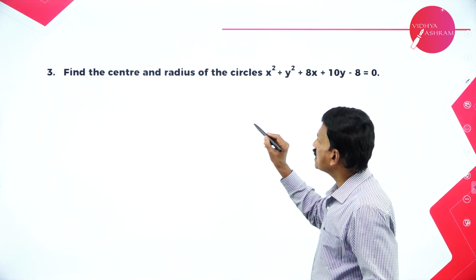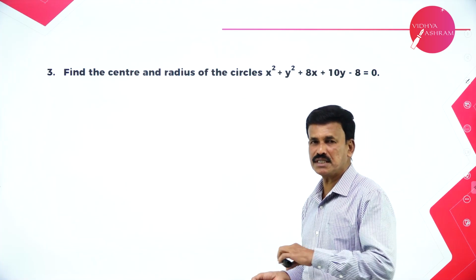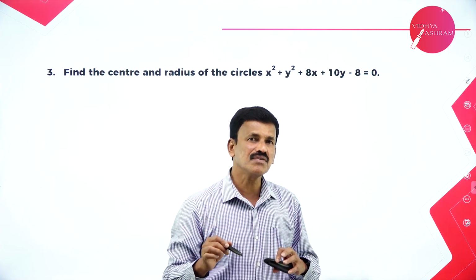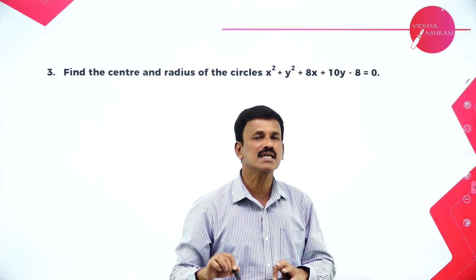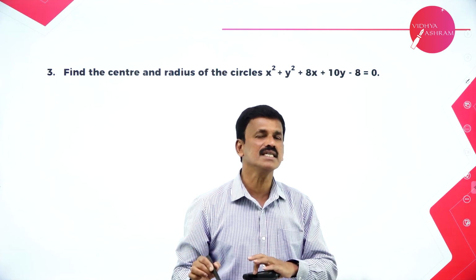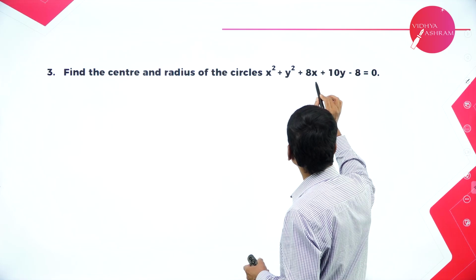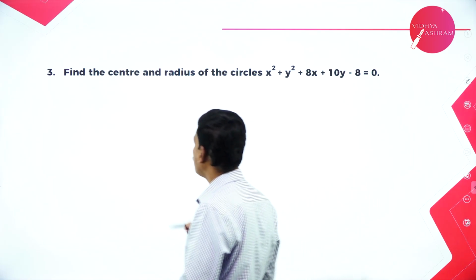Find the center and radius of the circle. This is like the previous problem, but in the previous problem, the center and radius were given, and what was required was the equation of a circle. But here, the equation of a circle is given, and what is required is the center and radius. Now, just observe carefully. x square plus y square plus 8x plus 10y minus 8 is equal to 0 is in the standard form.